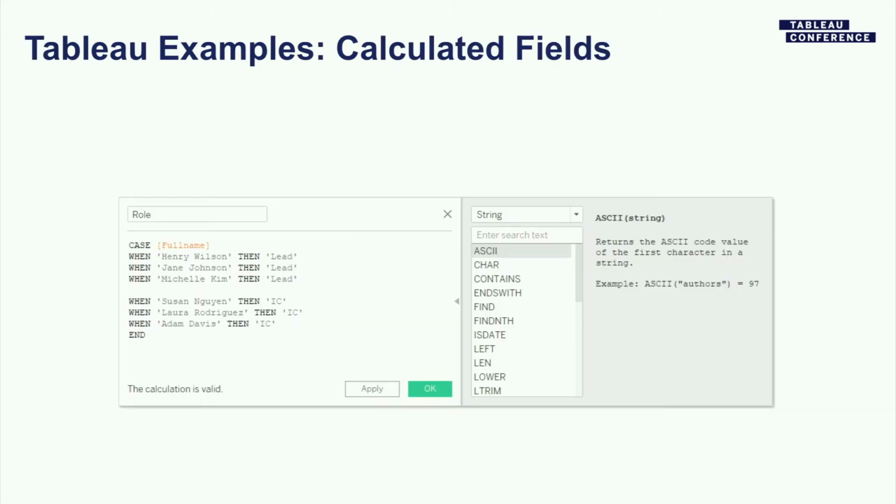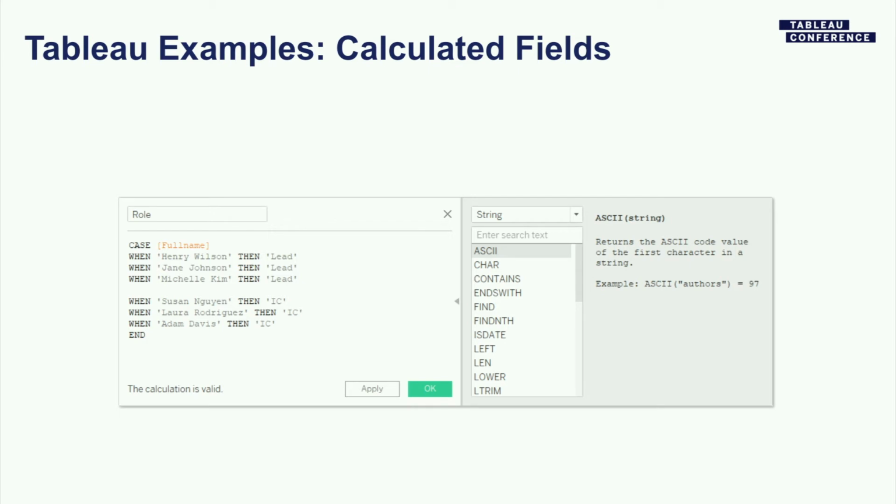So let's look at a few examples in the Tableau world to kind of ground this in things that probably most of you are familiar with. So here's the calculated field dialog box in Tableau. And this is all about manipulating the information in a single row. So role, there in the upper left corner, that's the name of the new value that I'm going to create in this row. And when it says full name, that's the name of one of the values in the row that already exists.